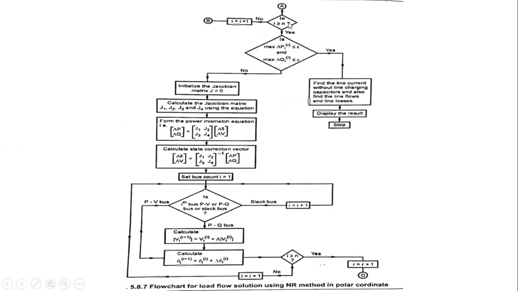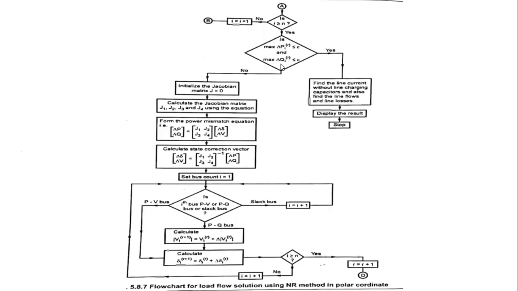After that, check whether I is greater than N or not. If it is N, then check delta P of R, delta Q of R less than epsilon. If it is satisfied, then find the line current, display the results and stop.